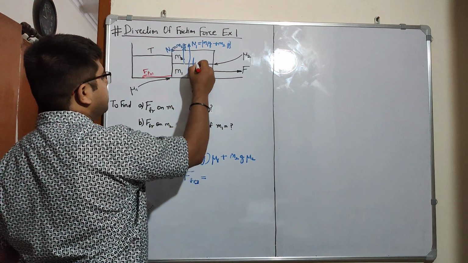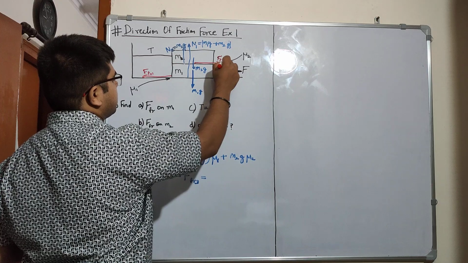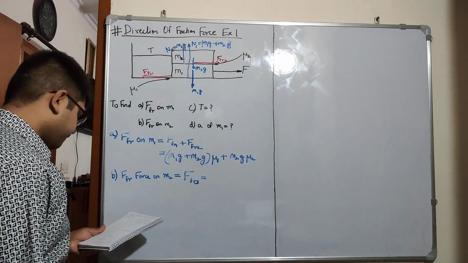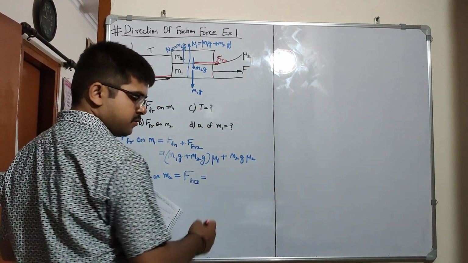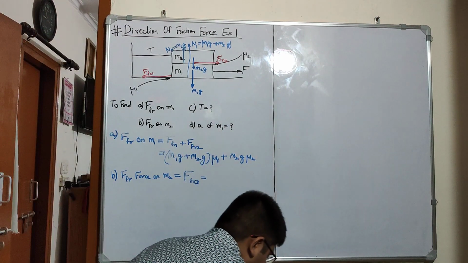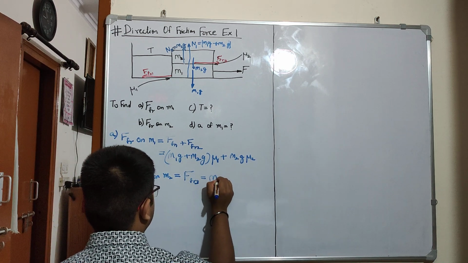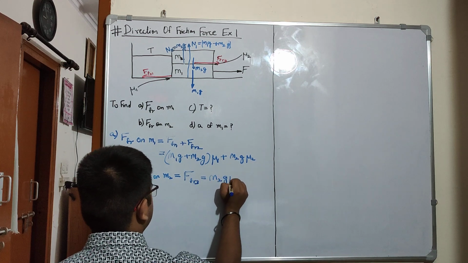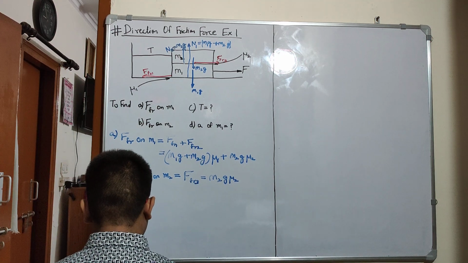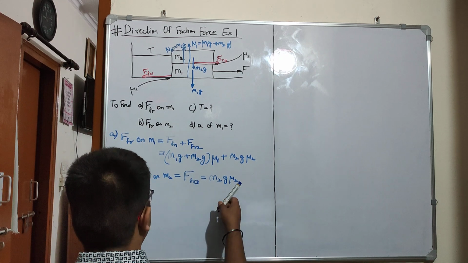So the friction force FR3 equals M2G nu 2. So this is our part B answer.